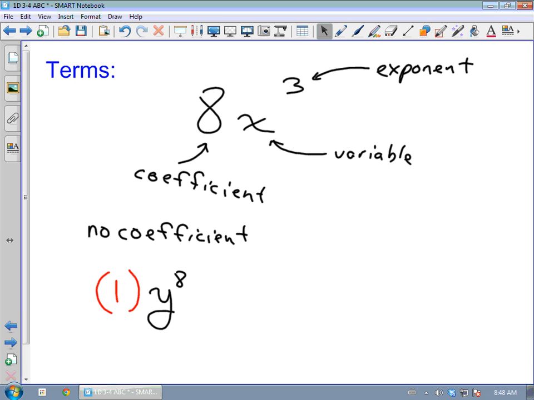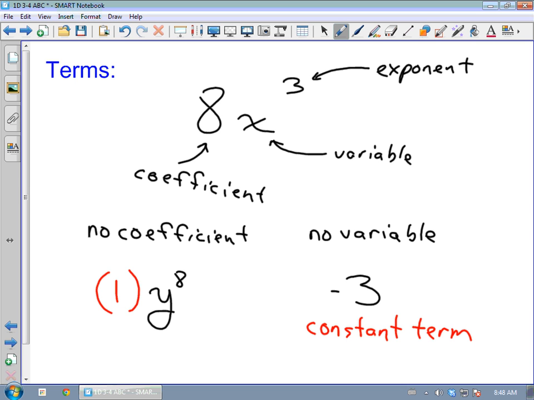We can also have a term with no variable part to it. That would just be something like -3, where it's just a coefficient and no variable. Because there's no variable, because there's nothing that can change if we change the value of the variable, we call something like this a constant term, because no matter what happens, this always represents -3.